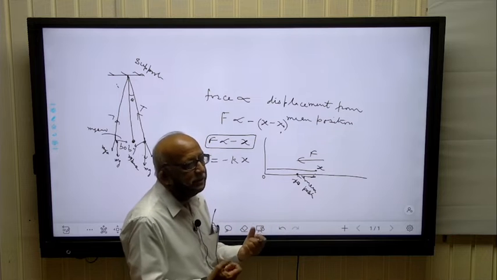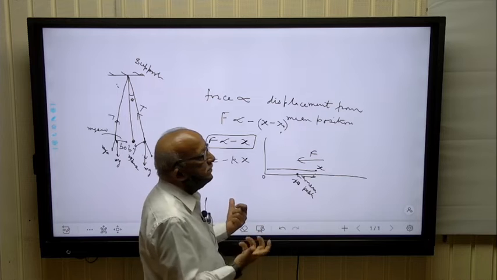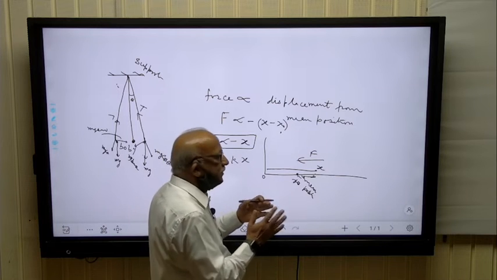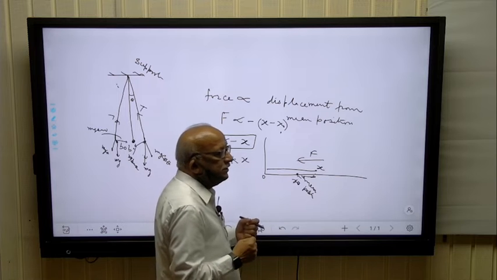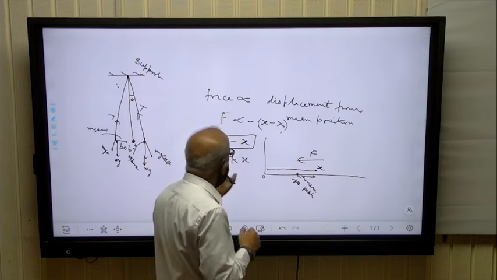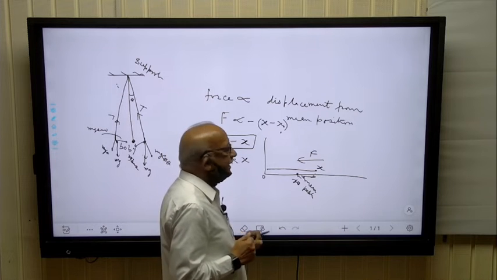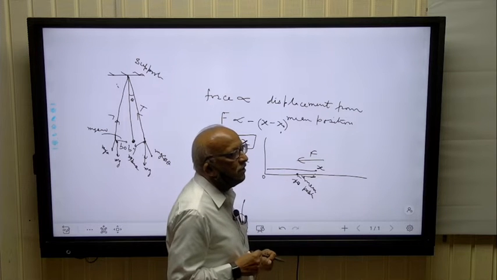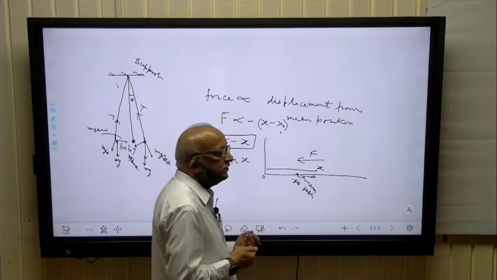Restoring force means the force which tries to bring the particle to the mean position. If force is weak, k will be small. If force is strong, k will be high. Therefore, we generally say k is the force constant which brings the particle to its mean position.